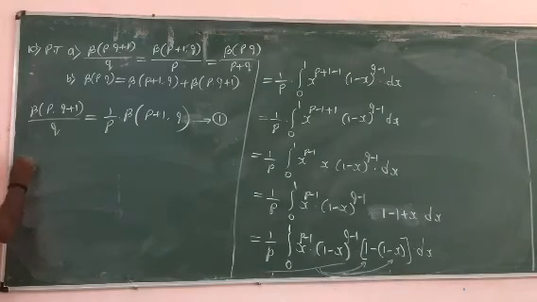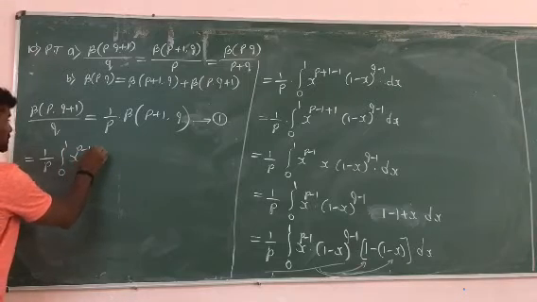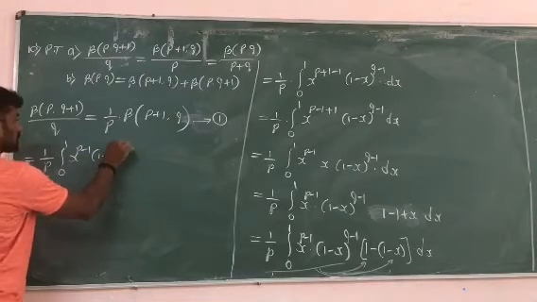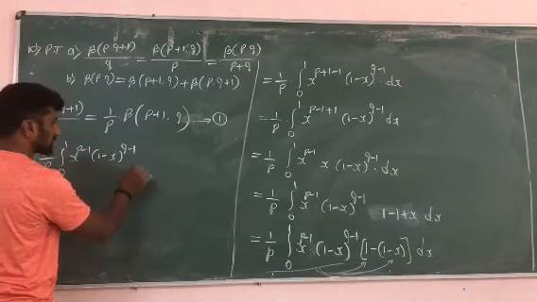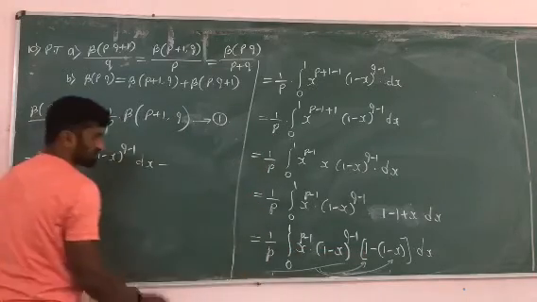So that equal to, multiply this, 1 divided by p. So 0 to 1 x raised to p minus 1 into 1 minus of x raised to q minus 1, 1 into that term dx, minus. Plus into minus is minus.